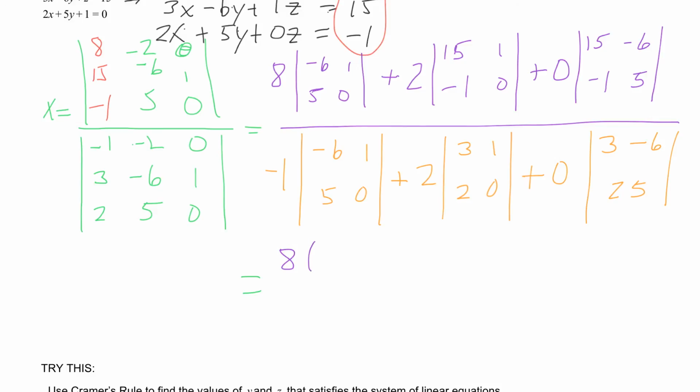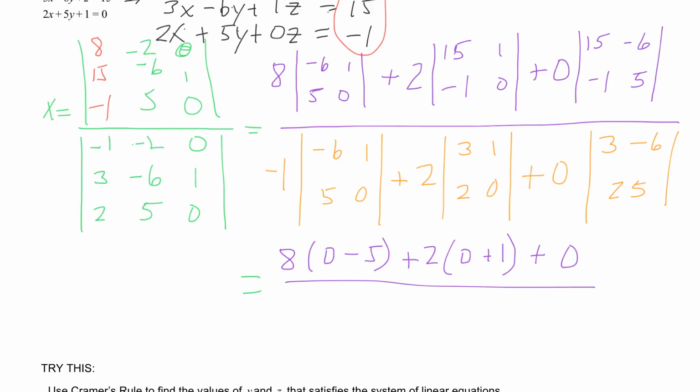So I have negative 6 times 0, which is 0, minus 5 times 1, which is 5, plus 2 times 15 times 0, which is 0, minus negative 1 times 1 is negative 1, so this becomes a positive 1, plus 0. 0 times anything is going to be 0, so it doesn't really matter what's in that determinant there. Once I multiply it by 0, this whole term is going to be 0 because that 0 is out in front. So that's just 0 down there.